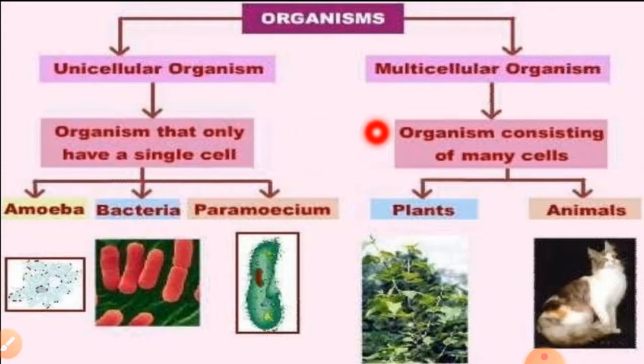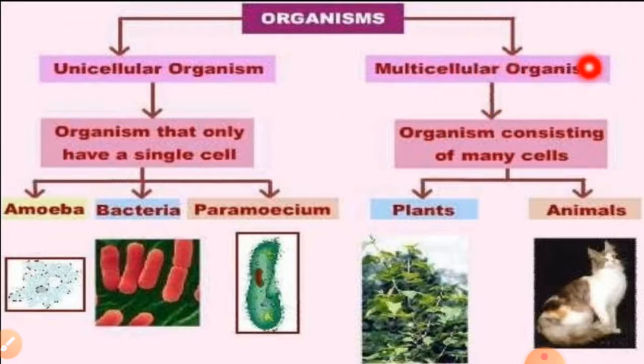And the second is multicellular. Some organisms consist of cell numbers from a few to billions, meaning 2 to billions, not 1, because one-celled organisms come in the other branch.